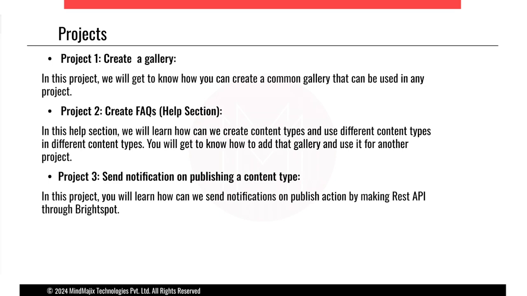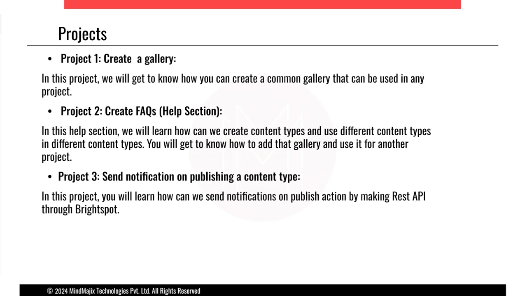If you have 10, 20, 30 different types of content types in your Brightspot and you want to have a collective gallery of all those things, all those images will be placed at a place called gallery, from where you can pick the images for all of your content types. So we will be creating this gallery, and then the second project will be our help section FAQ.